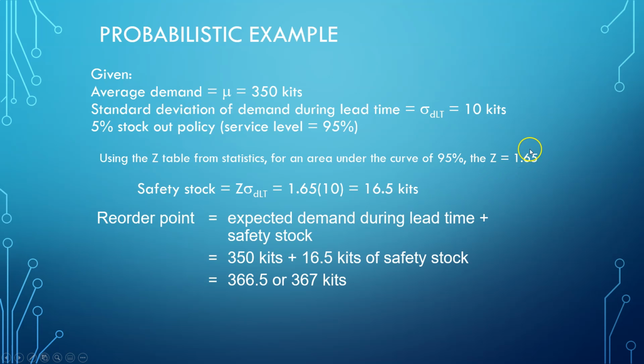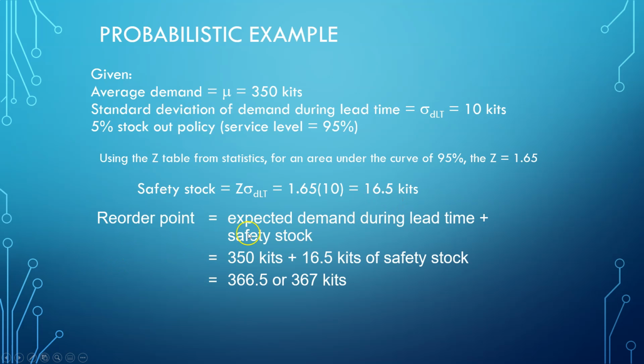So Z is predetermined in tables at the end of the book based on the level of service that will be required. Safety stock will equal Z multiplied by delta DLT, which is 1.65 multiplied by 10, and that is 16.5 kits.